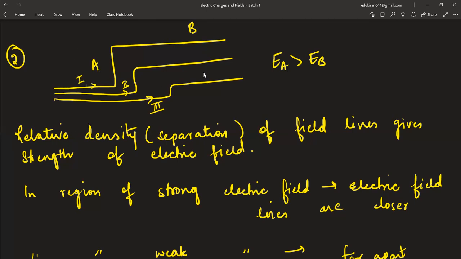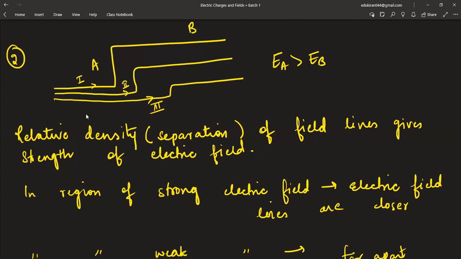And wherever you see this distance, it means the electric field is relatively weak. Suppose this example, look at this section 1, 2, and look at this 3. These are 3 electric field lines. This is section A, this is section B. So EA is greater than EB. All right, EA is greater than EB.